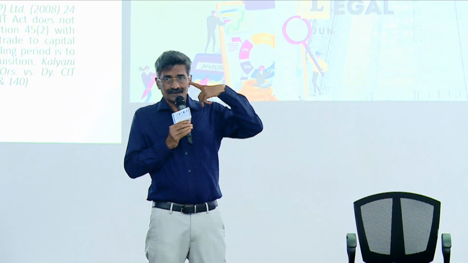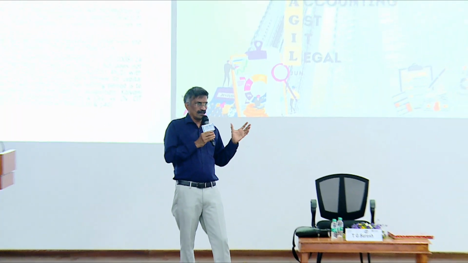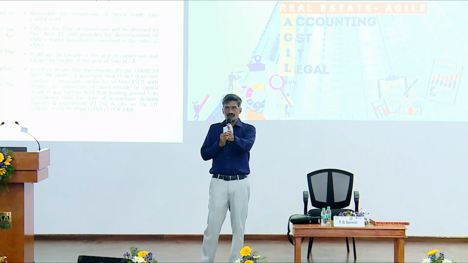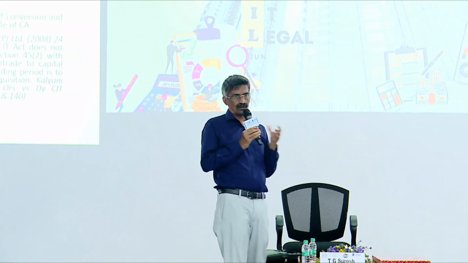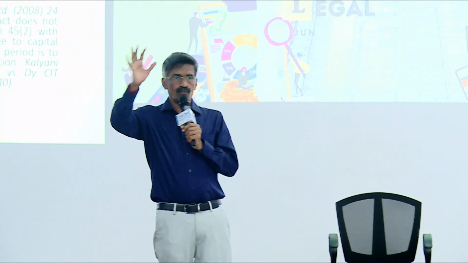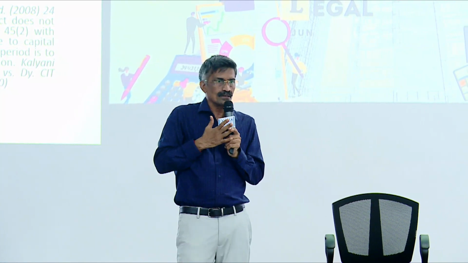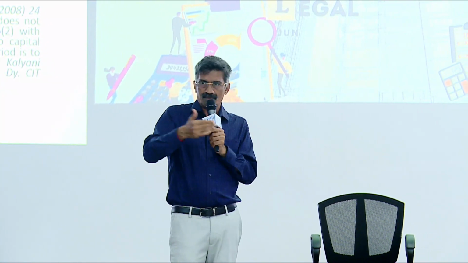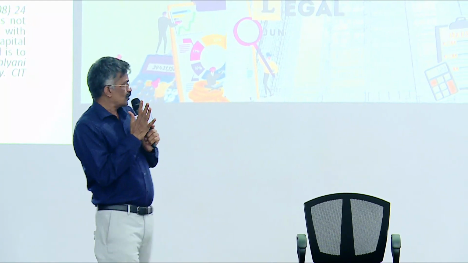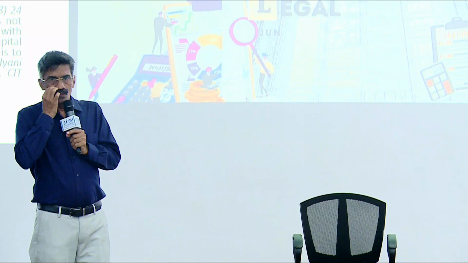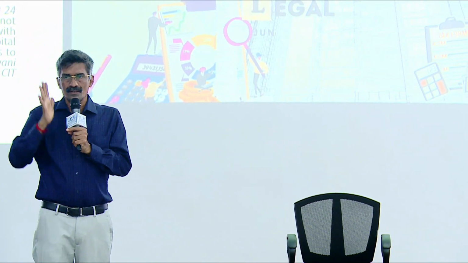Now, is this section really bad? That's a question. Maybe yes, maybe no. Many times we find most of us have faced the 50C problem as well as the 56(2)(x) problem, where the difference between stamp valuation and actual consideration was huge, and both buyer and seller for the same transaction are taxed. Now, let us assume a situation where your stamp valuation is 100 and your cost is 150.